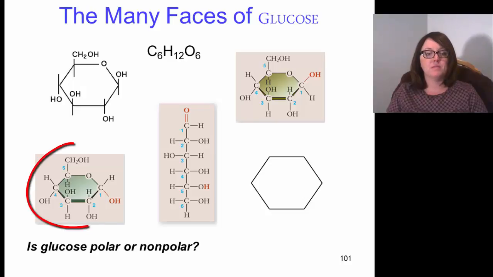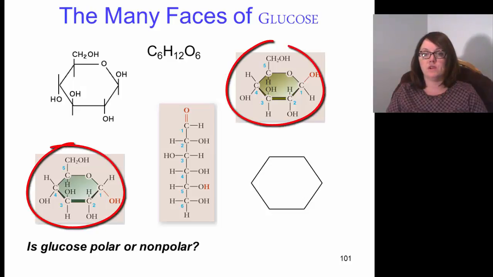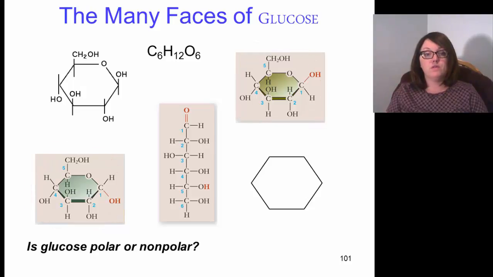Now if we look at the bottom left of the screen and the top right of the screen, those are both ring structures for glucose. If you look closely at those two pictures, those two glucose structures are almost identical.